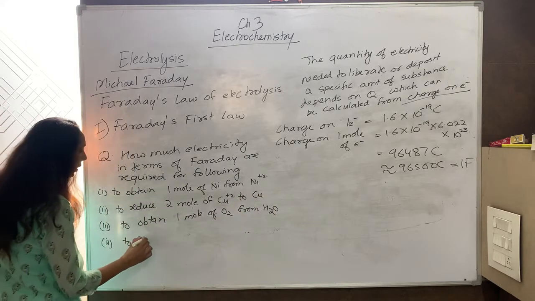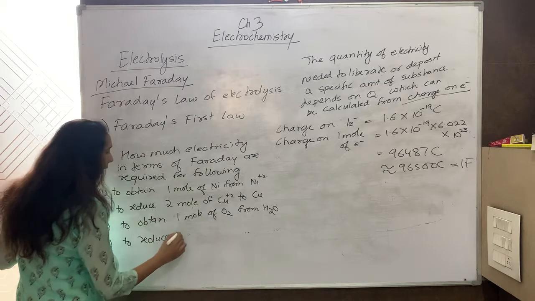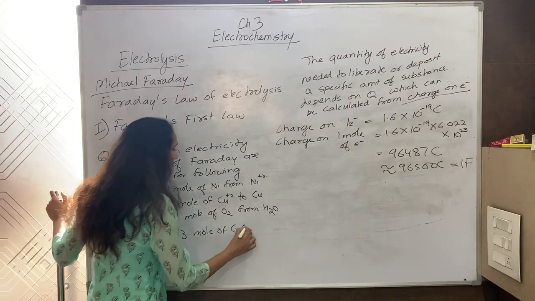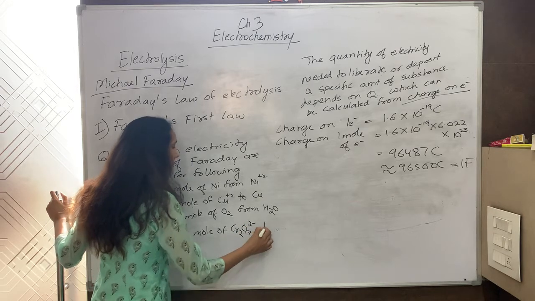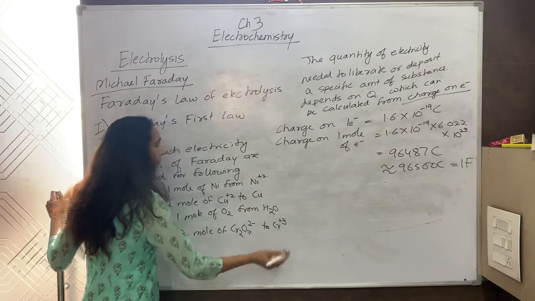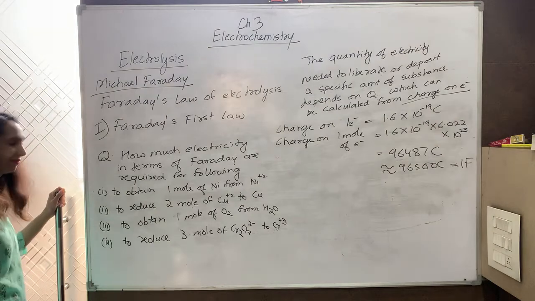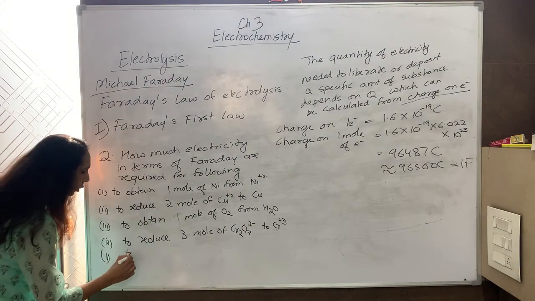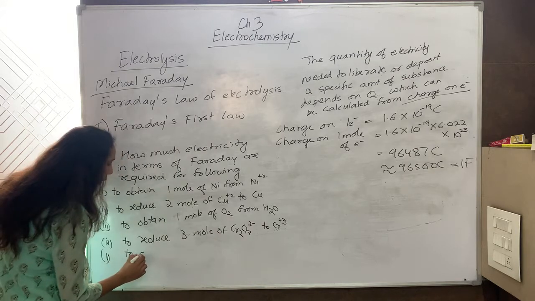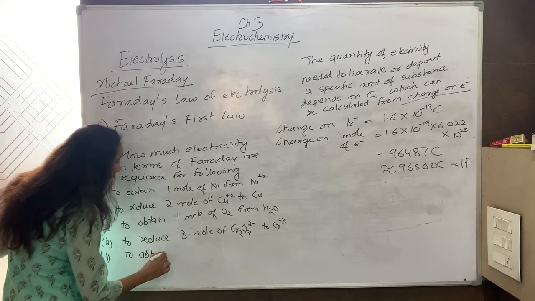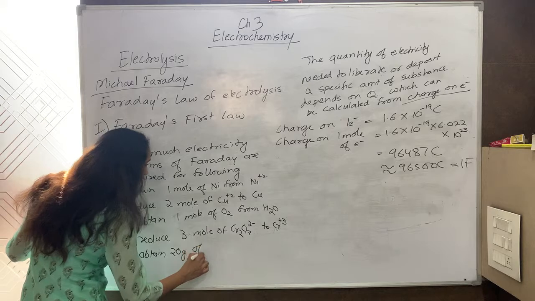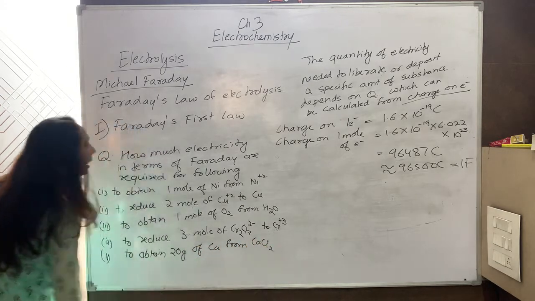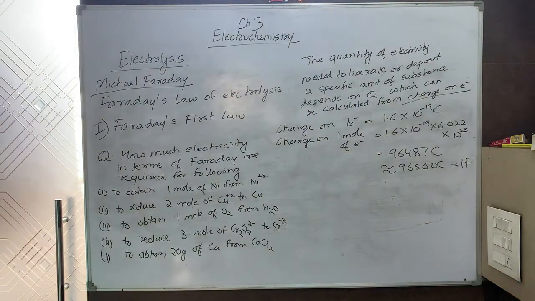Fourth, to reduce 3 mole of Cr2O7 2- to Cr+3. Fifth, to obtain 20 gram of calcium from calcium fluoride. I have taken these examples. Let us do them one by one.